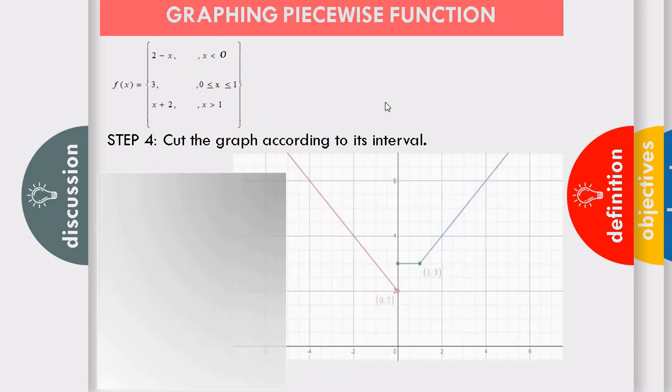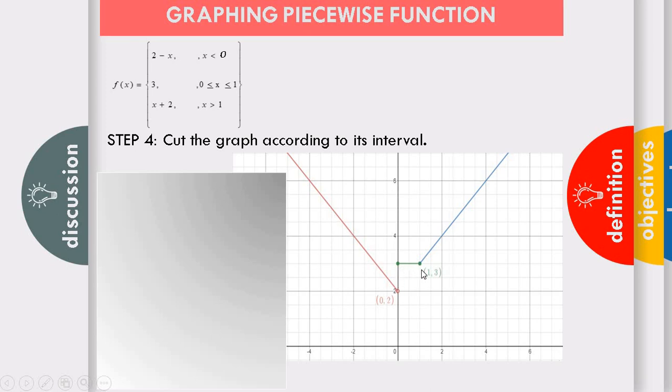Okay. So this is now the graph of the piecewise function. So we can see for the first subfunction, we use a hollow point, since it is less than only.